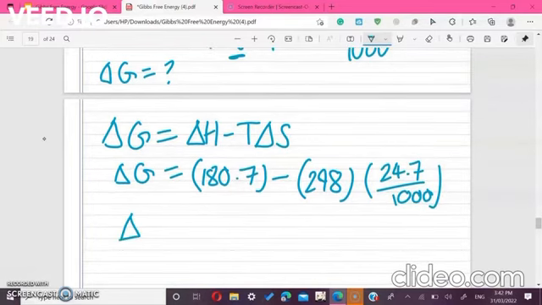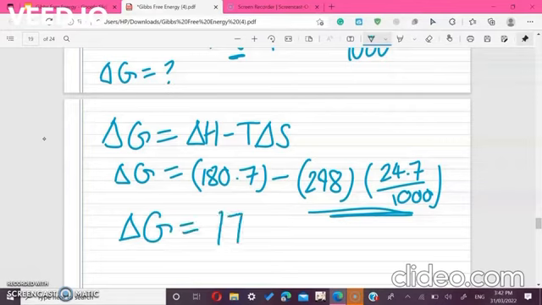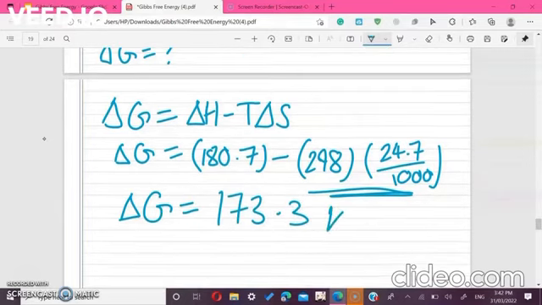Multiply both numbers, then subtract 180.7 minus that value, and you will get delta G equals 173.3 kilojoules. Okay?